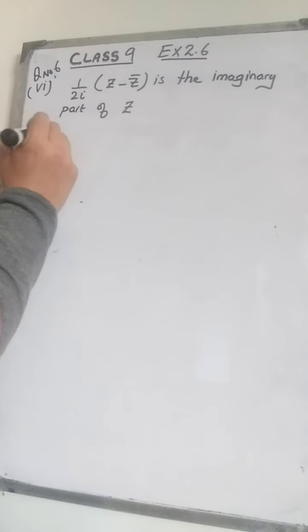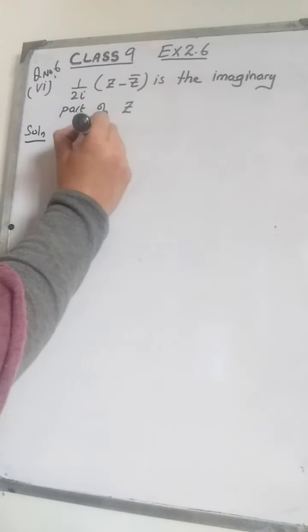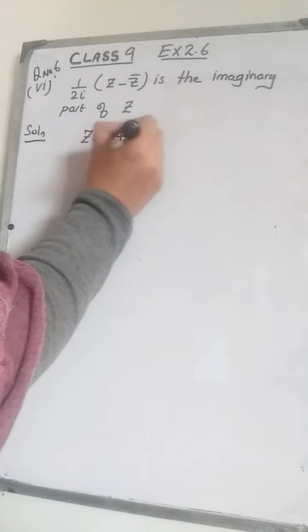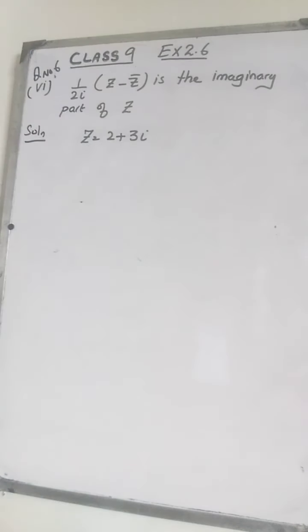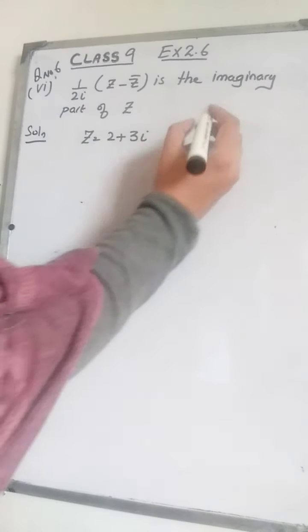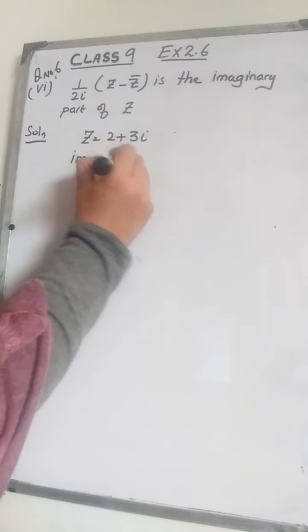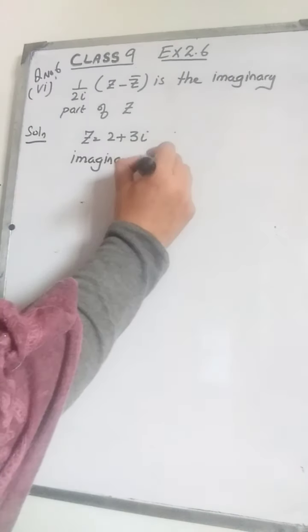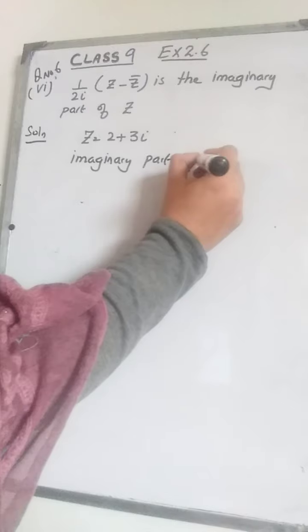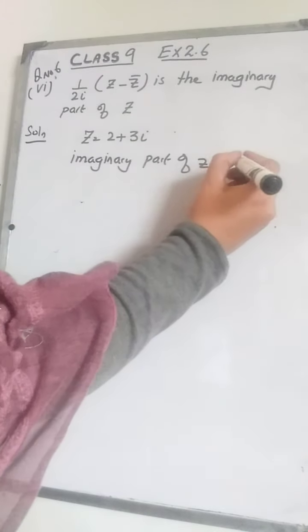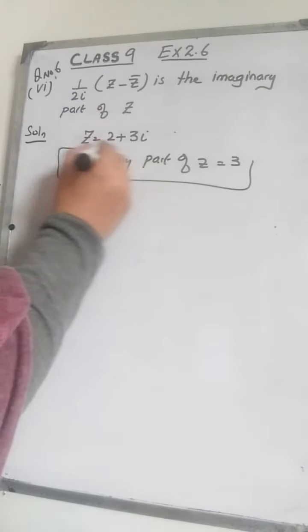Now we know that z is equal to 2 plus 3 iota, and the imaginary part of z is equal to, if we look at this, we can see that the imaginary part of z is equal to 3. This is the imaginary part of z.